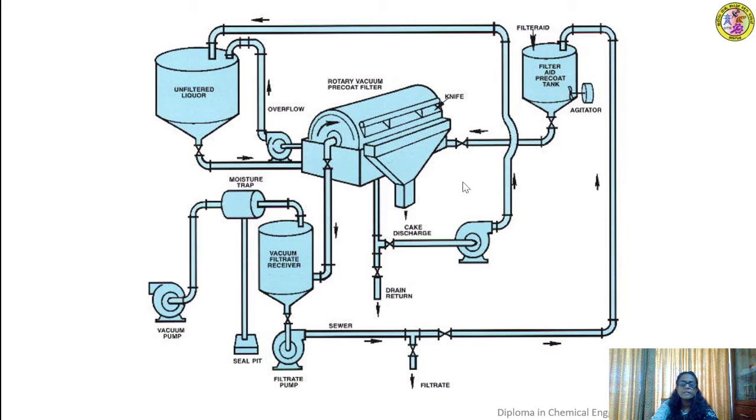So this is another diagram showing you the flow diagram for the working of a rotary drum filter. This is a tank containing slurry. That slurry from here is admitted to this trough and the rotating horizontal drum dips inside the trough, collects the solid on its surface before it sucks the liquid to the inside of the drum.